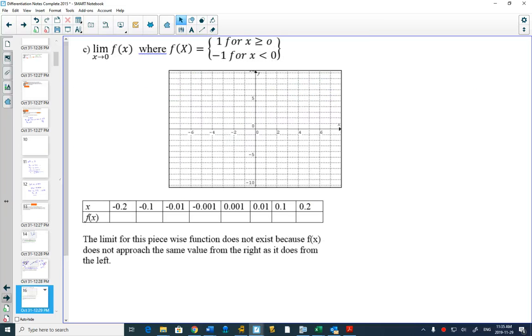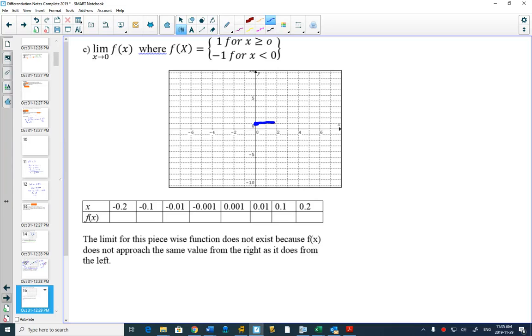Another type of function that you probably haven't seen for a while is something called a piecewise function. A piecewise function is when the equation is written in 2 different pieces. It's one equation for some of the domain and another equation for the rest of the domain. So in this one, it says whenever x is bigger than or equal to 0, f of x is 1.